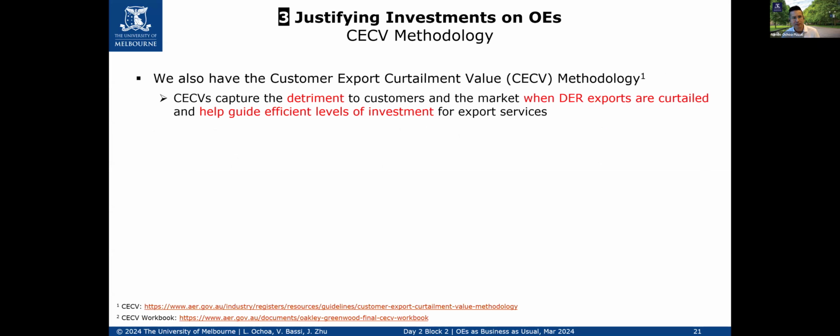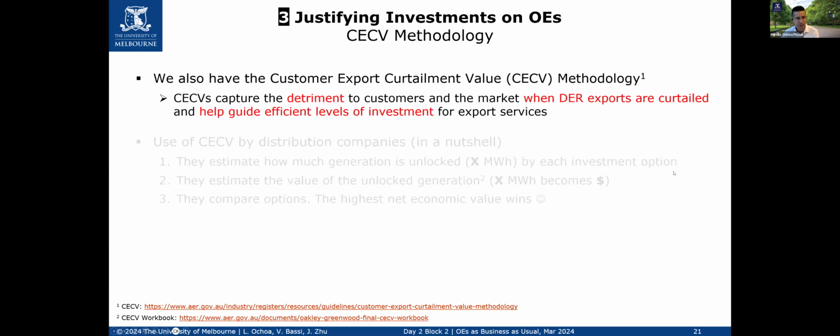And in Australia, what we have is the Customer Export Curtailment Value Methodology, which is the CECV. All right, in a sense, this value captures the detriment to customers and the market when we curtail exports, when we curtail solar photovoltaics, right? And the idea is that by quantifying that, you now have a number that can be used to determine efficient levels of investment, okay? For export services, of course, all right?